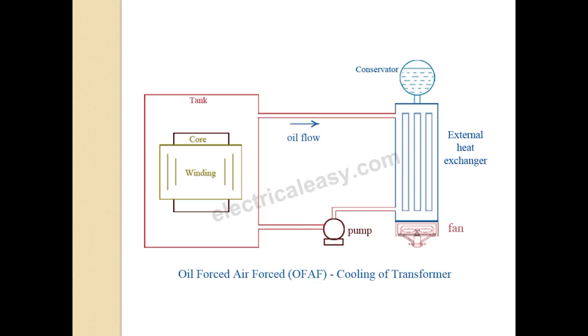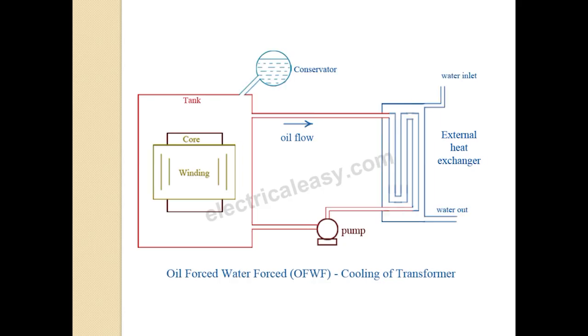See here, this is the transformer tank, and this radiator is mounted separately and connected through pipes. This type of cooling is provided for very high rating transformers at substations or generating stations.